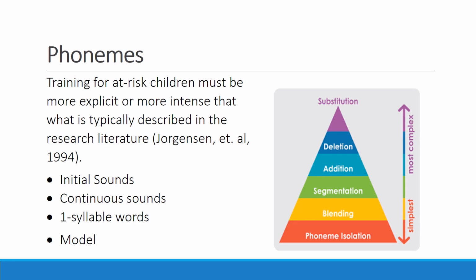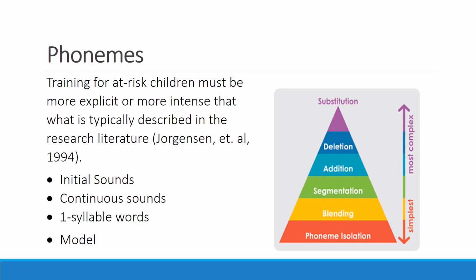Some experts suggest that training for at-risk children must be more explicit or more intense than what typically is described in the research literature. So what are some good places to begin with students, especially at-risk students? Here are a few ideas. Start with initial sounds.